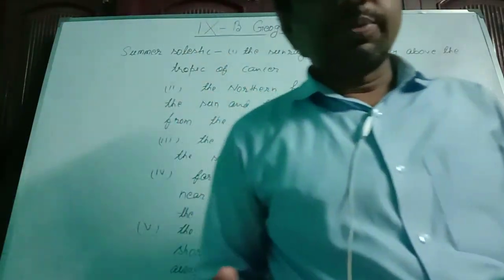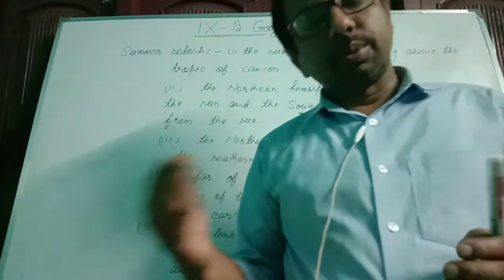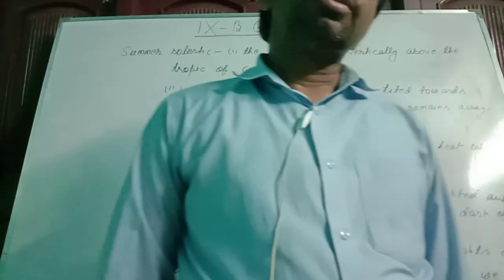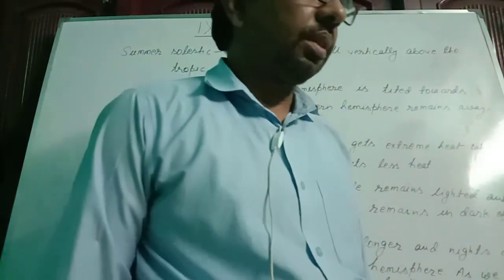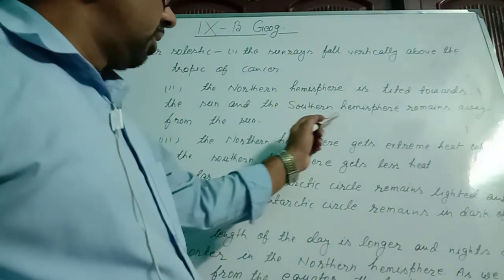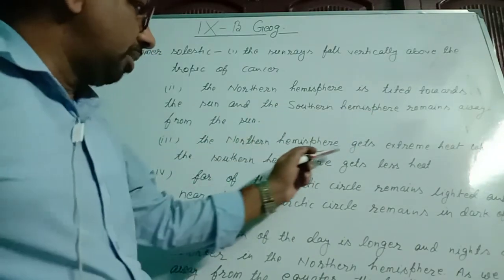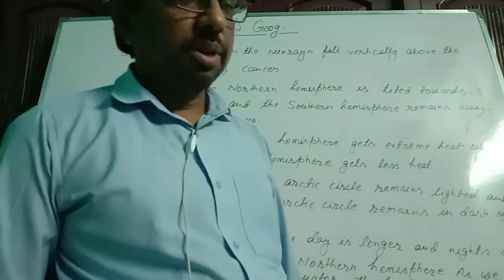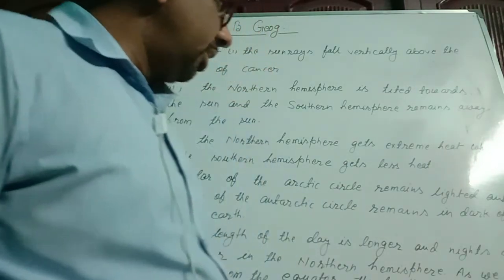The northern hemisphere is tilted towards the sun and the southern hemisphere remains away from the sun. Therefore, the northern hemisphere gets extreme heat while the southern hemisphere gets less heat.